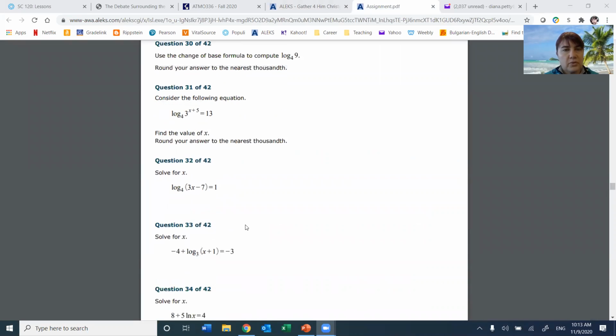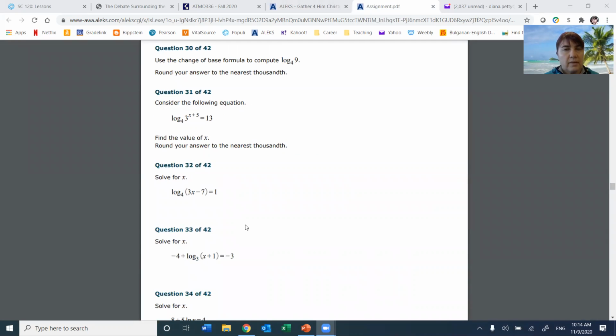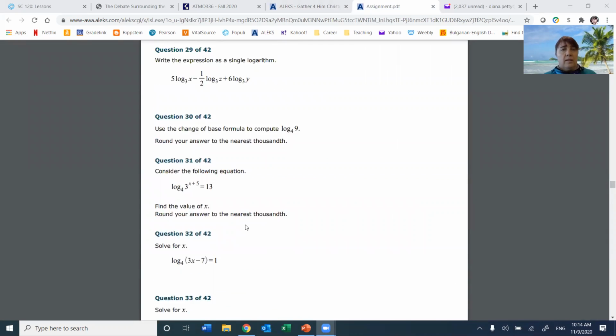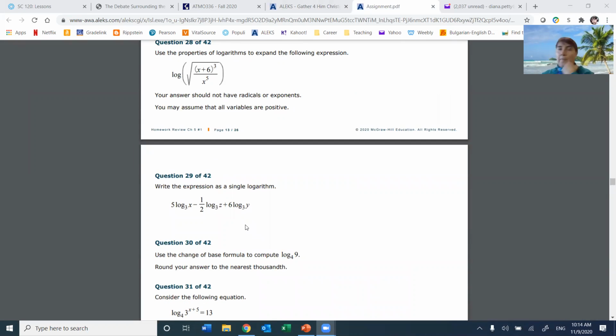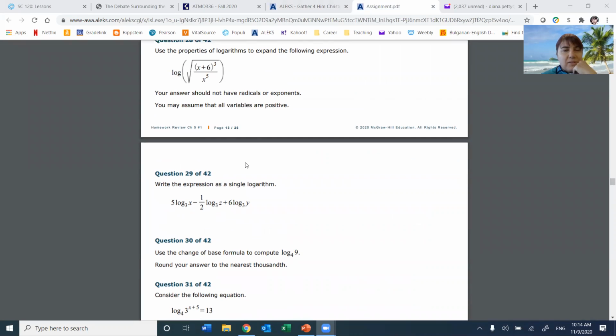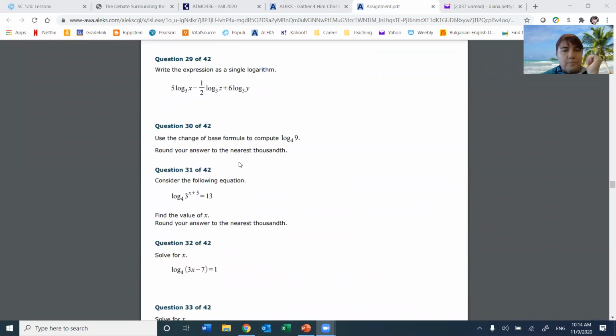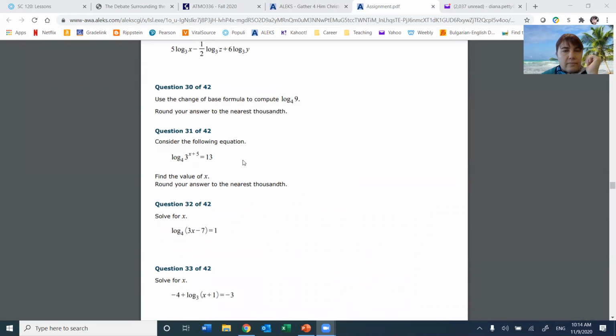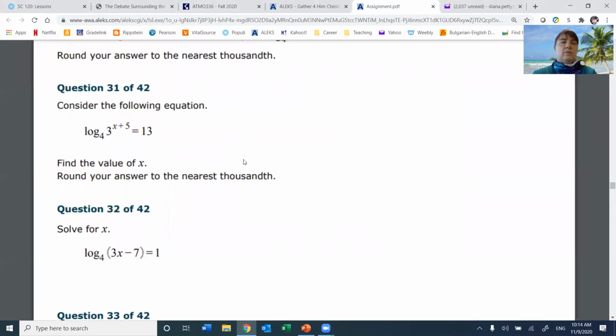Where we solve. Okay, so use the properties. We're starting from 31. Let's just solve some equations.